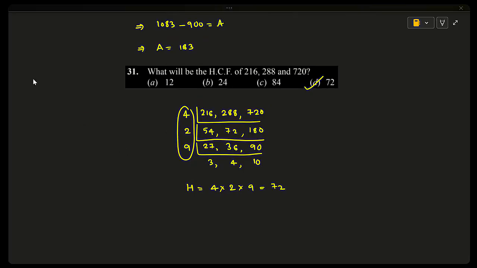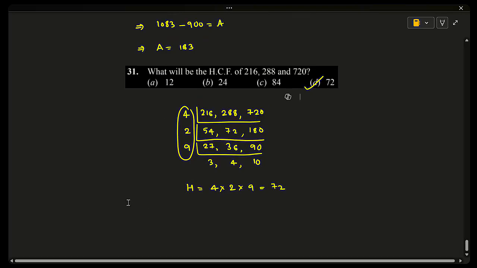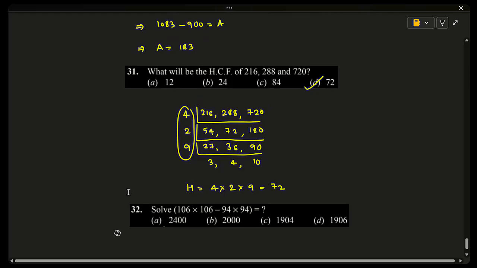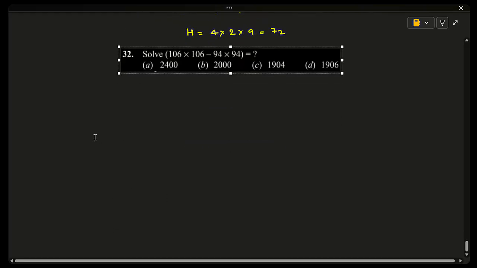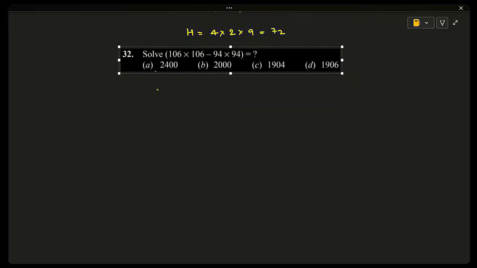32. We need to solve this. Don't multiply 106 by 106 and 94 by 94. You can use the algebraic formula we discussed, the identities. 106 square minus 94 square we have to do.